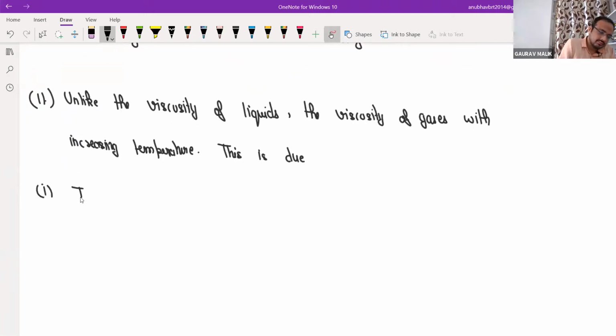First one, increased cohesive forces, increased cohesive force between the molecules.